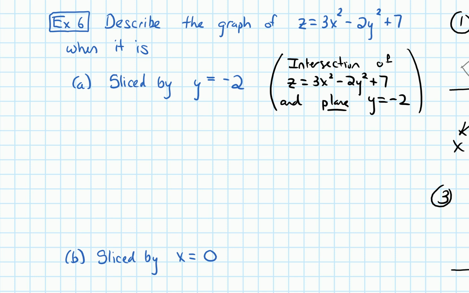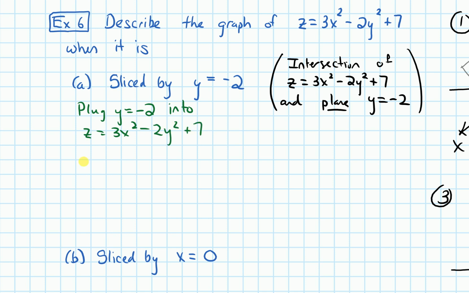If I'm trying to find the intersection of two things, the way we do that is I'm going to take one of these equations and substitute it into the other one. So let's plug y equals -2 into the other equation, z equals 3x squared minus 2y squared plus 7.